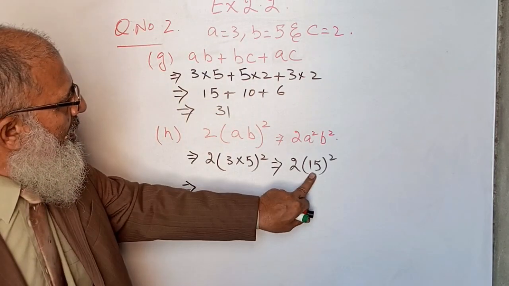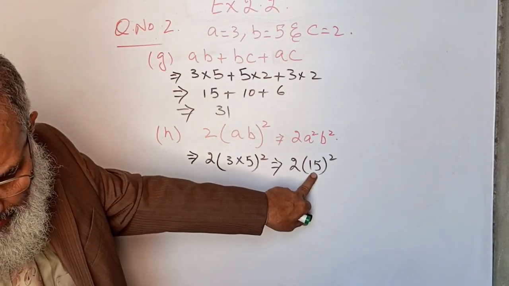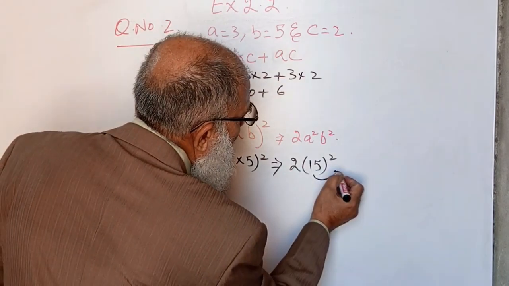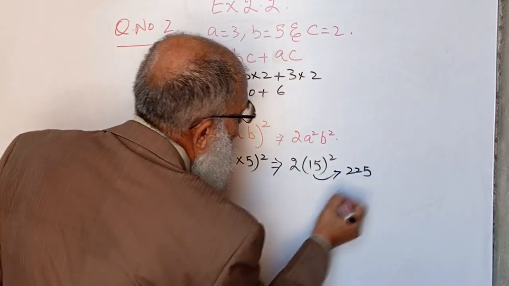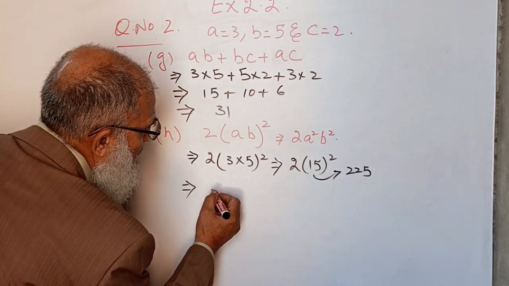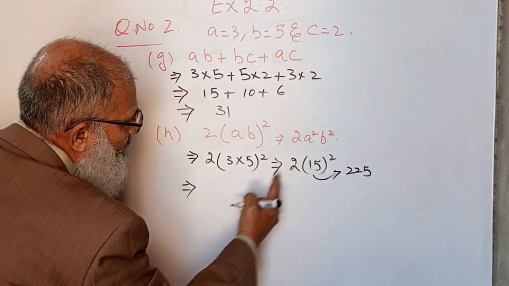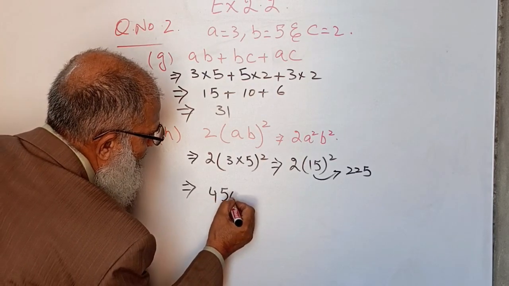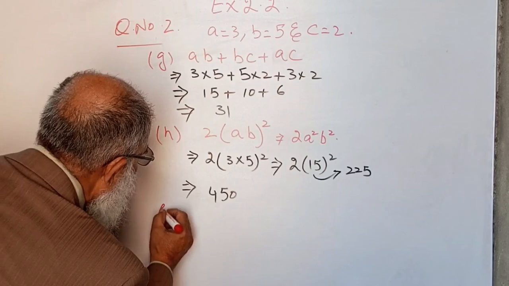The square of 15 is 225, I think. So when 225 is multiplied by 2, it will become 450.